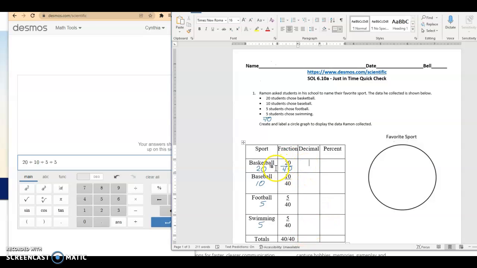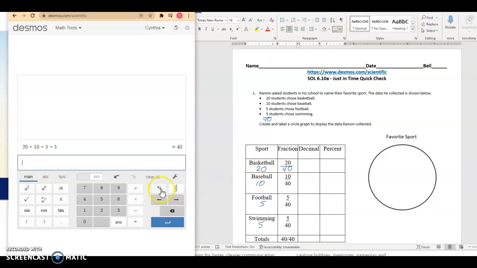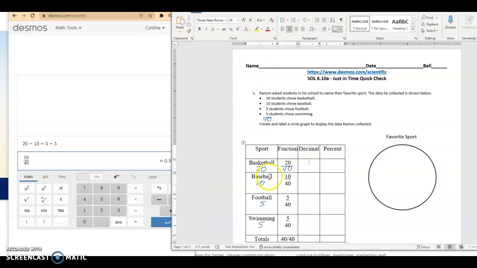Now we're going to change these to decimals. In order to change my fraction into a decimal, that is the numerator divided by the denominator. So that's going to be 20 divided by 40. That gives me 0.5.